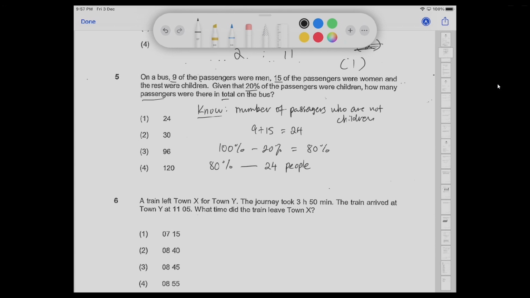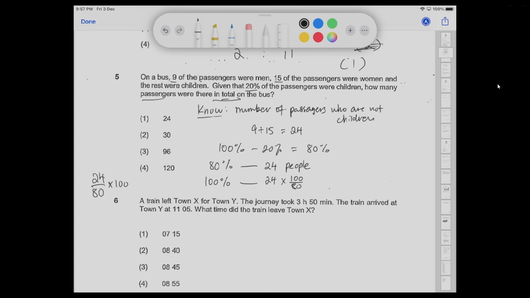So what is 100%? Because you want to find the total, and in total it's just 100%. That's 24 times 100 over 80. How do I get this? You take 24 people and divide by 80 first, because that's the amount of people per percent, and after that you times 100.